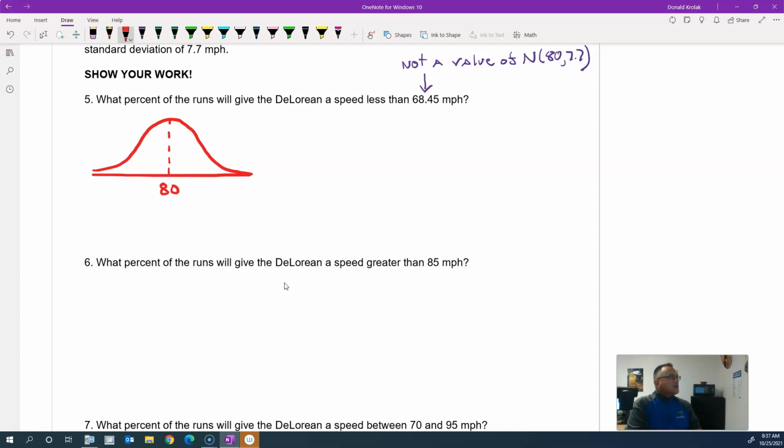And then we're looking for to the left of 68.45. So that's this little part right here.